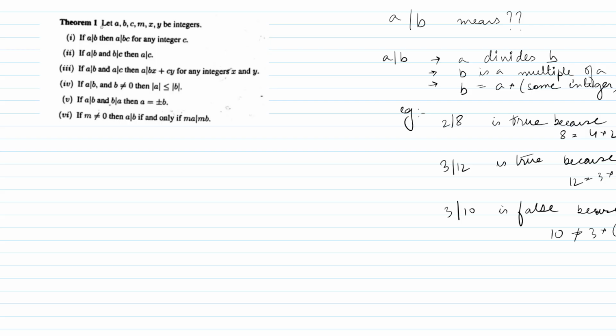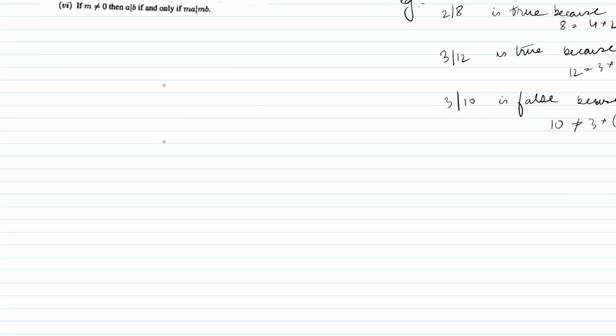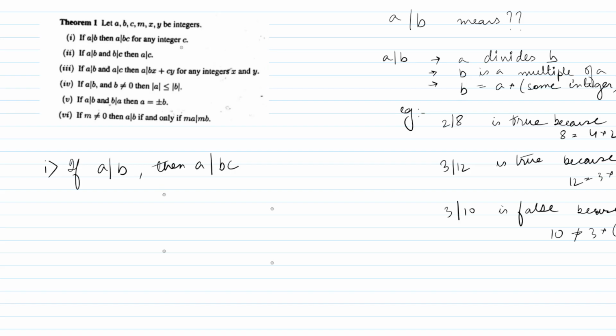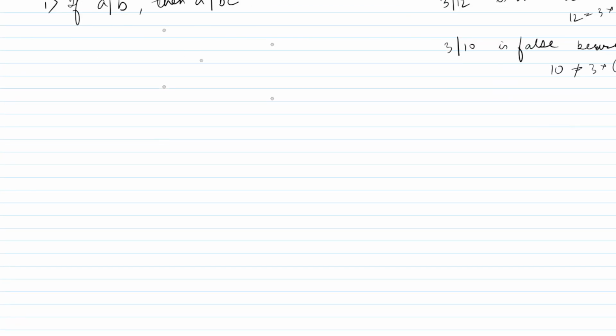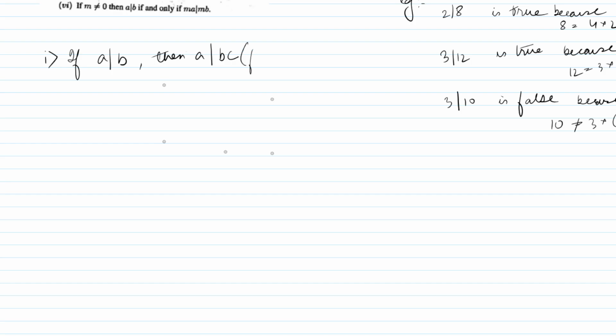So let's start with theorem 1, part 1. Part 1 says, if A divides B, then A divides BC, for any integer C. So what does this mean?